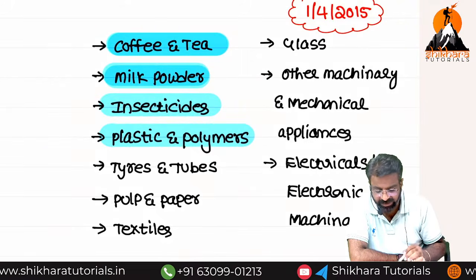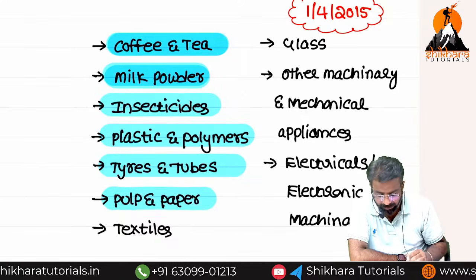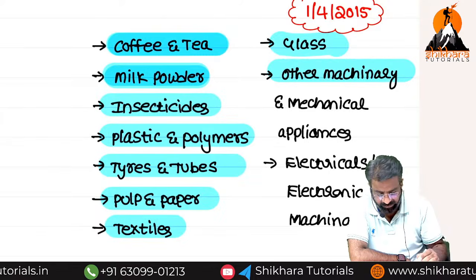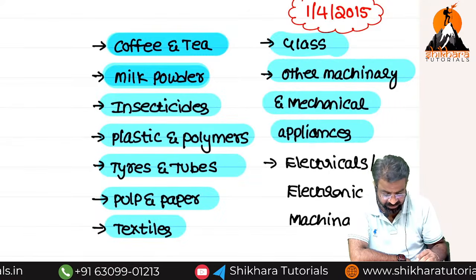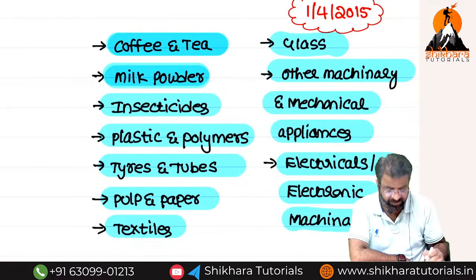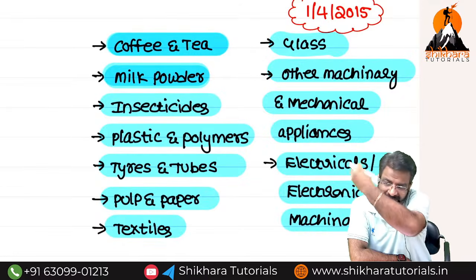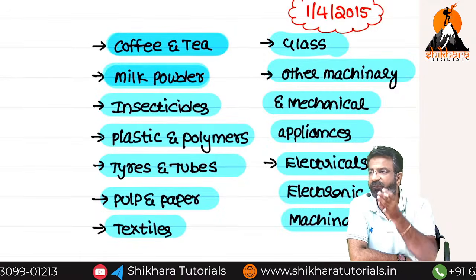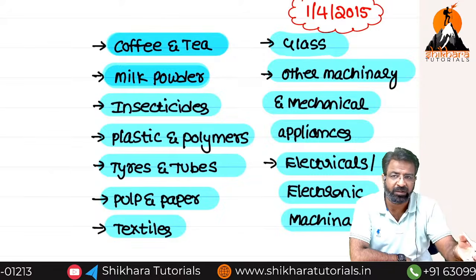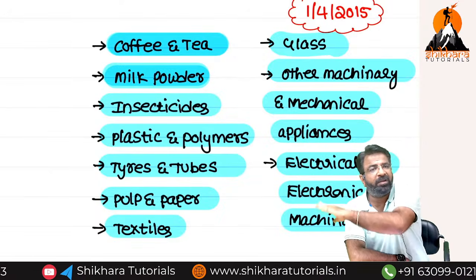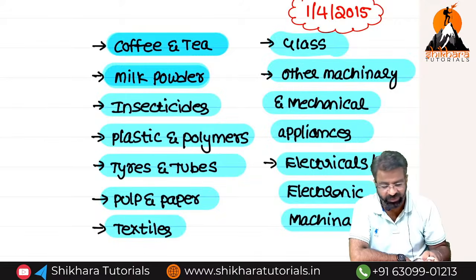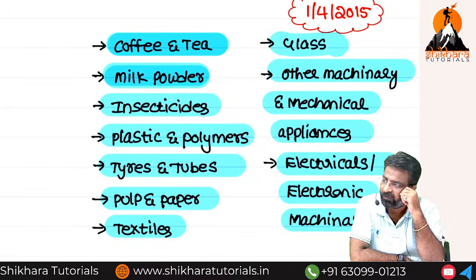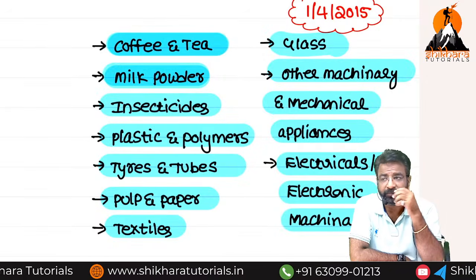Insecticides, plastic and polymers, tires and tubes, pulp and paper, textile, glass, other machine and mechanical appliances, electronic and electricals machinery. If you are belonging to any of these entities, you were required to apply the cost records from 1/4/2015. Not like others who have already covered under the cost records from 1/4/2014. Now, if I have to ask you, fertilizer, 1/4/2000, sugar.